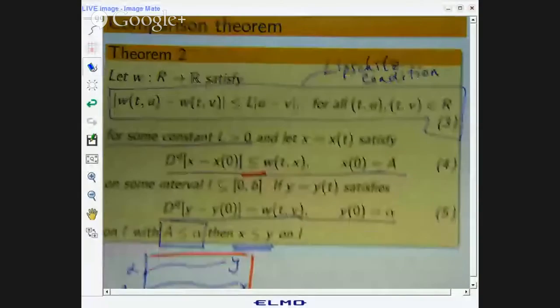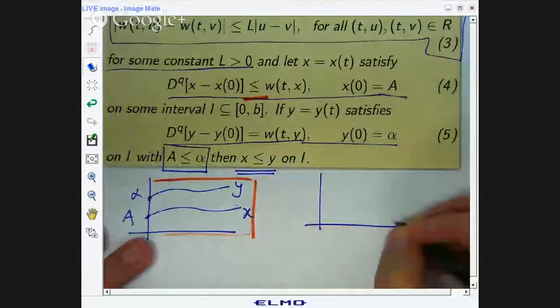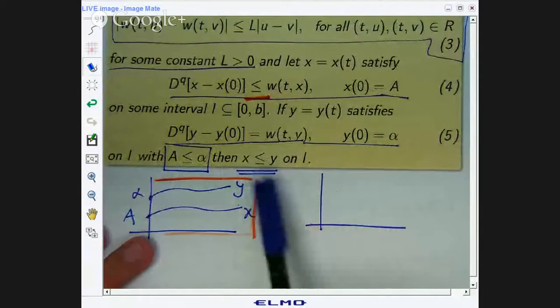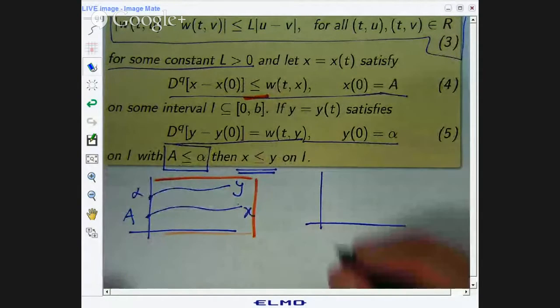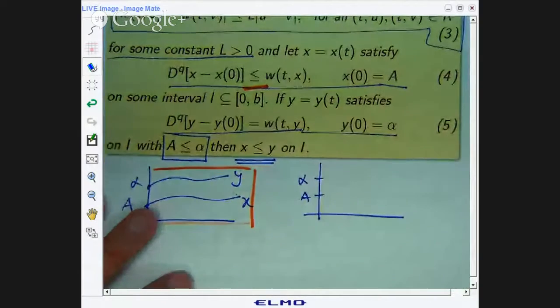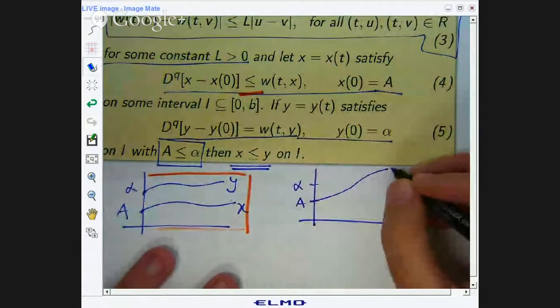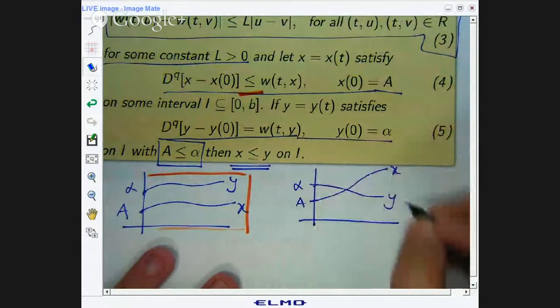Okay, so how do we prove it? Well, basically, you prove it by assuming that this isn't true, and you end up with some sort of nonsense. Okay, so let's assume this is the case, and X looks like that, and Y looks like that.